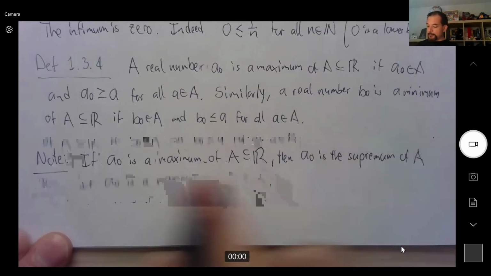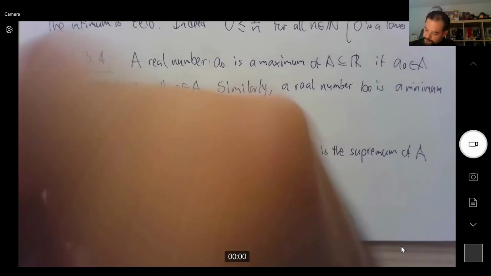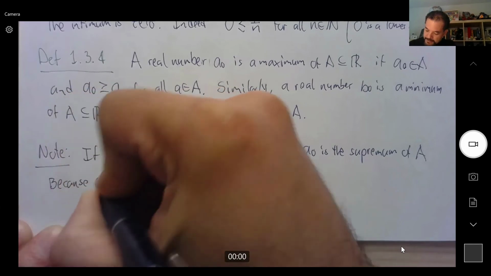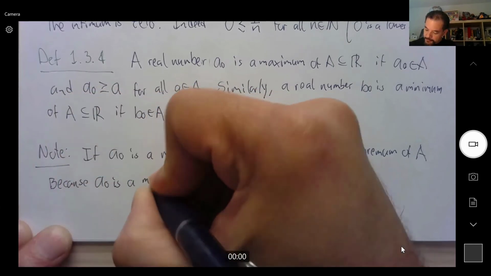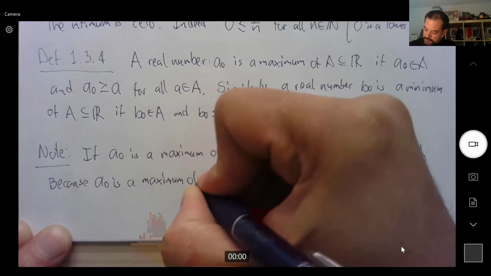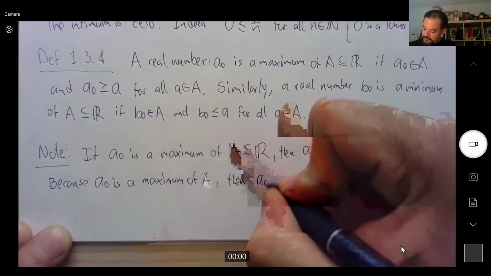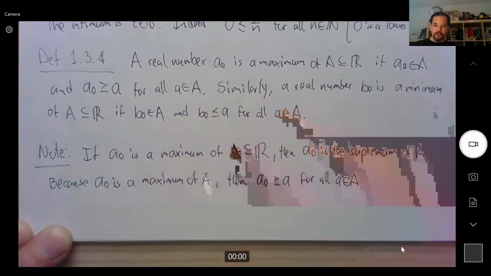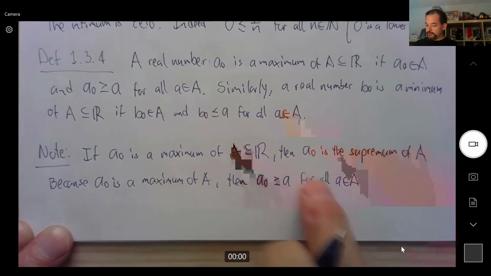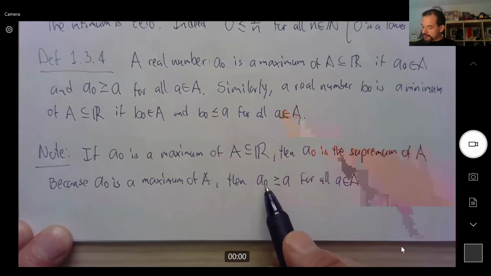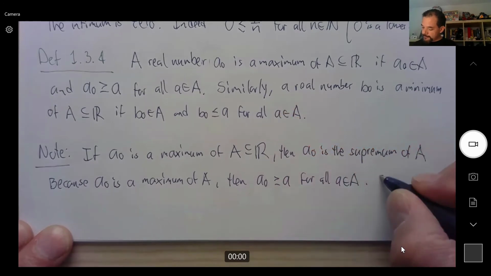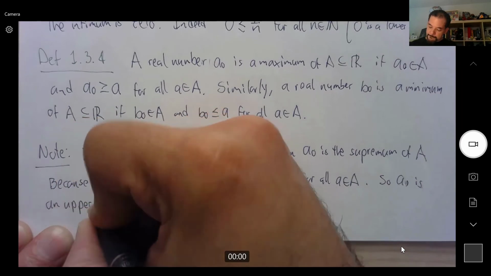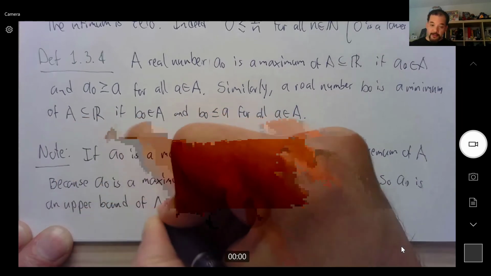So I'm going to prove this. Because A0 is a maximum of A, then A0 is greater than or equal to a for all a in A. Correct? I just wrote the definition. And this means that A0 is an upper bound of A. Okay, good.